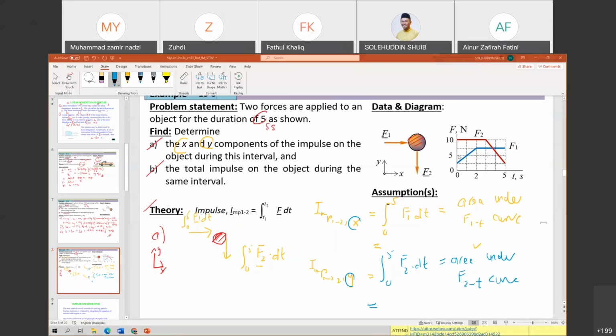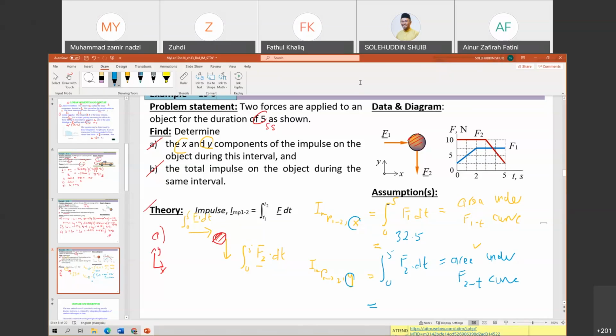Impulse X is 32.5. How about impulse Y? So 32.5. What is the unit? Okay, Khalidah, Fatul Khalik, Muhammad Haziq.